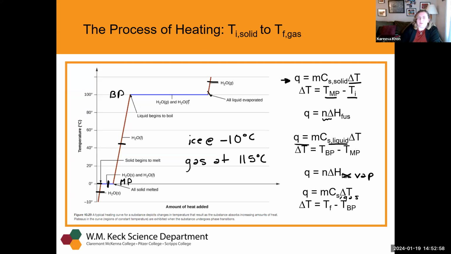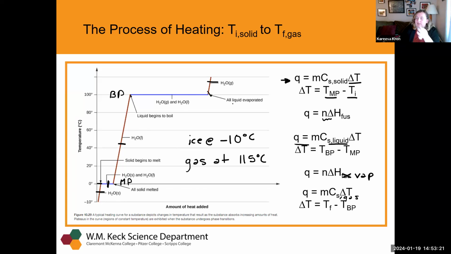So overall, we can use vapor pressure to help us identify where boiling points are happening and to help us determine heats of vaporization. And we can look at the dynamic equilibrium between liquids and solids to help us identify melting points. And we can use these equations to help us understand how we move across these charts through heating and cooling curves.